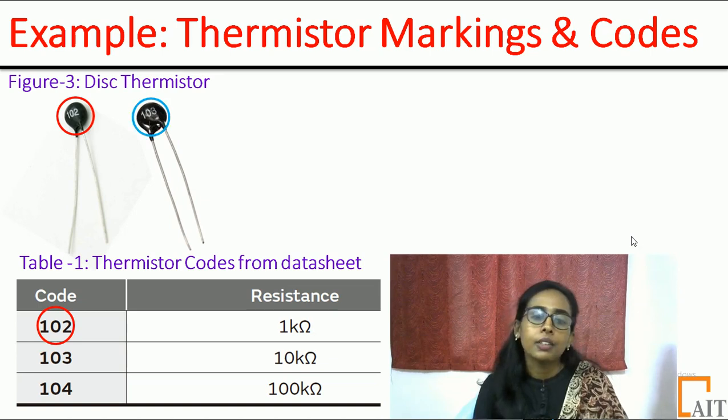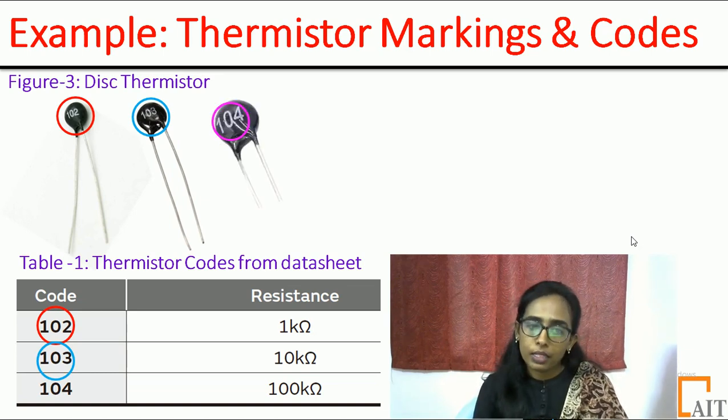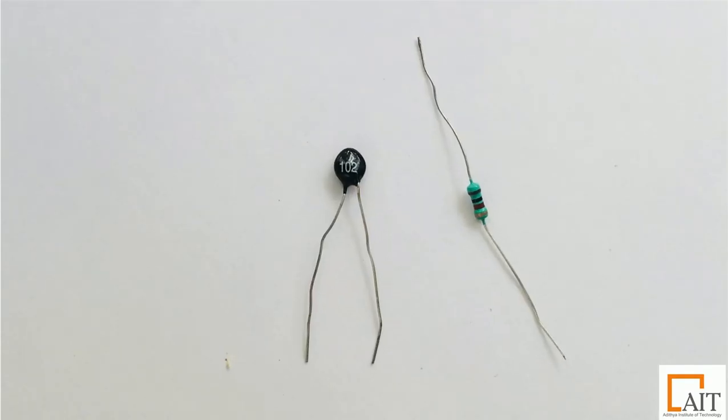If the code is 103, it means 10 followed by 3 zeros, which is 10 kilo ohm. And if the code is 104, that means 10 followed by 4 zeros, that is 100 kilo ohm. So in case you're very lazy to calculate, you can definitely look up these values from your data sheet.